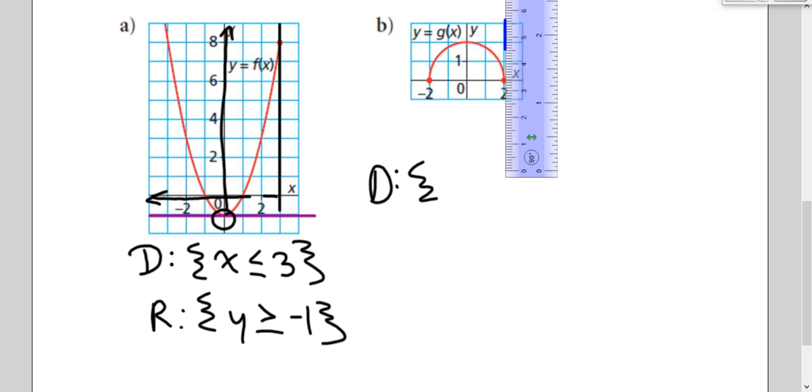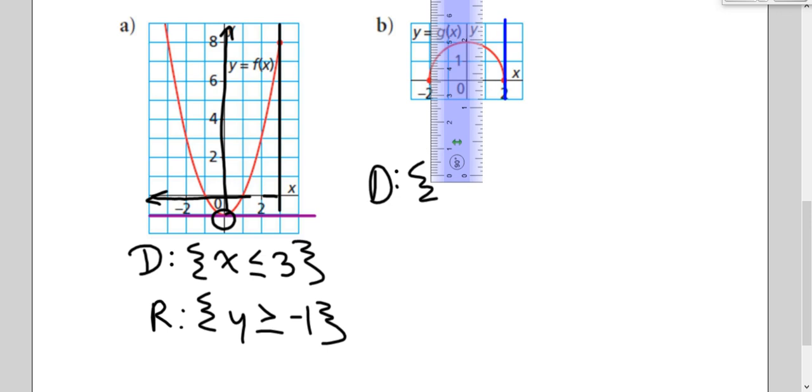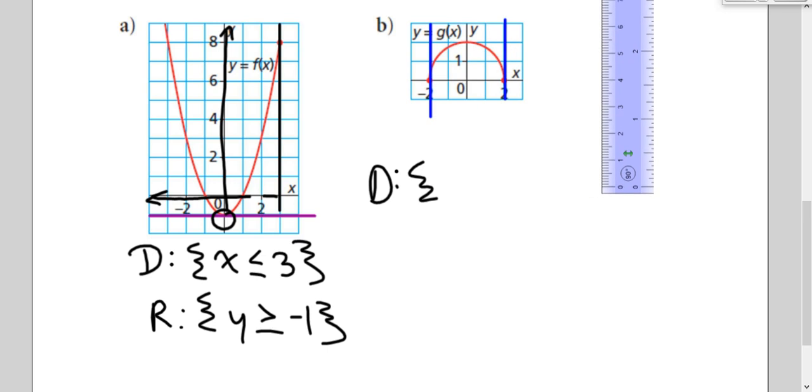Let's use blue. And then if I continue along, I have another stop point right here. So that tells me that my x values are only going to exist within these two points. So x has to be greater than -2, but also less than 2.